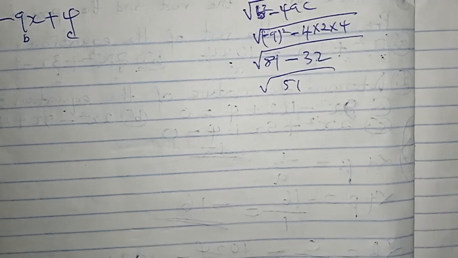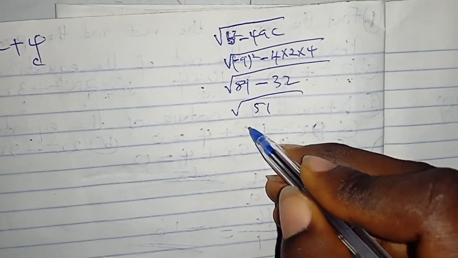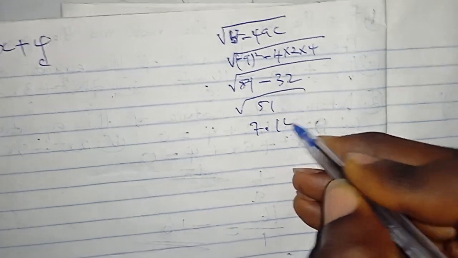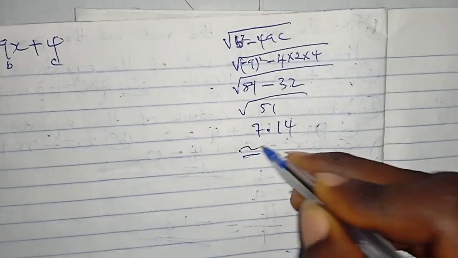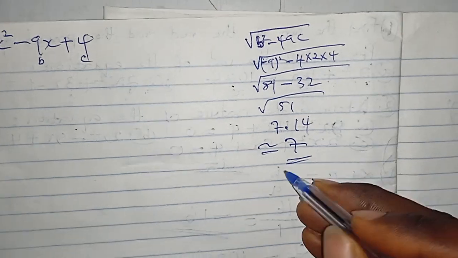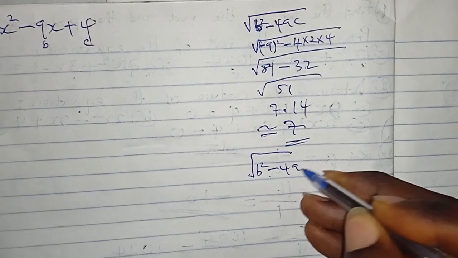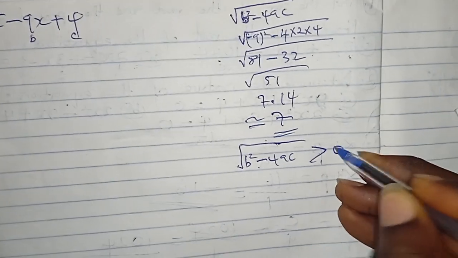This is 2x squared. Okay. Root 51. Root 51 is giving me 7.14, which is approximately 7. So 7 is greater than 0. So you see that the discriminant here, b² minus 4ac, is greater than 0.